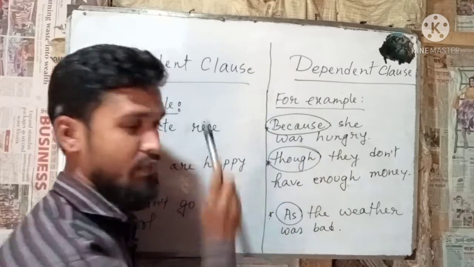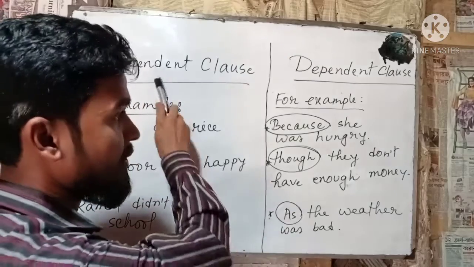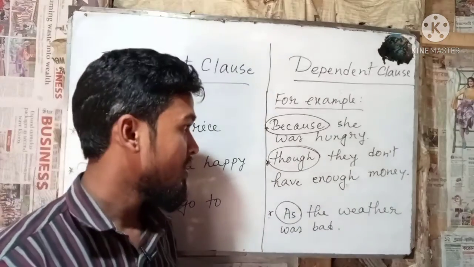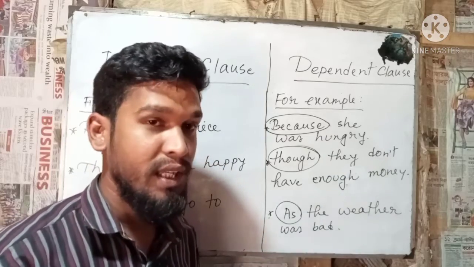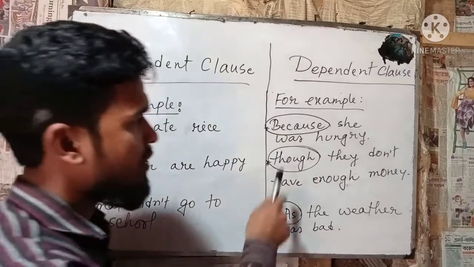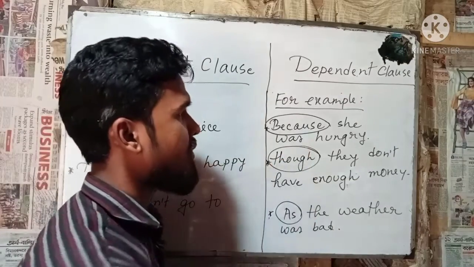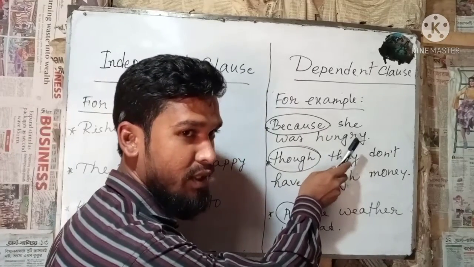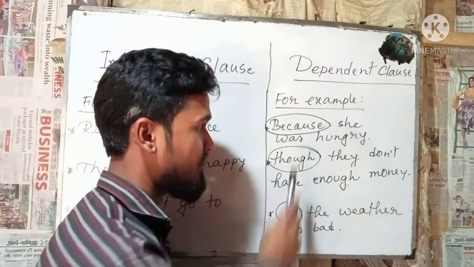She was hungry. This is an independent clause. But when we add because before she was hungry, then it's called a dependent clause. Because without the conjunction because, it makes sense on its own.